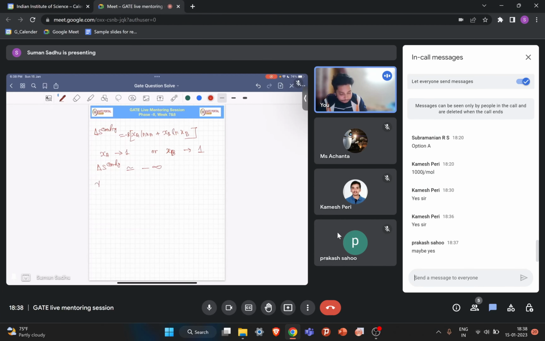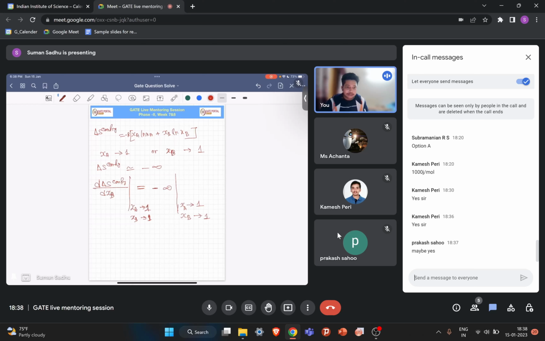Or if you take the derivative of this delta S config by dxA or dxB, just do the derivative and find out. When xA tends to 1 or xB tends to 1, you will get minus infinity.